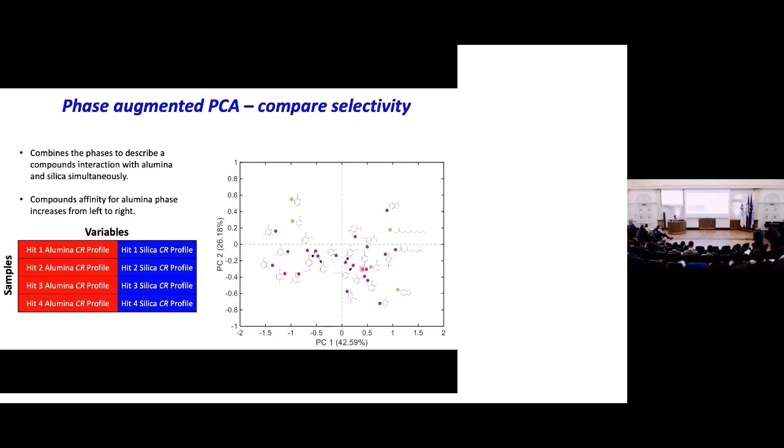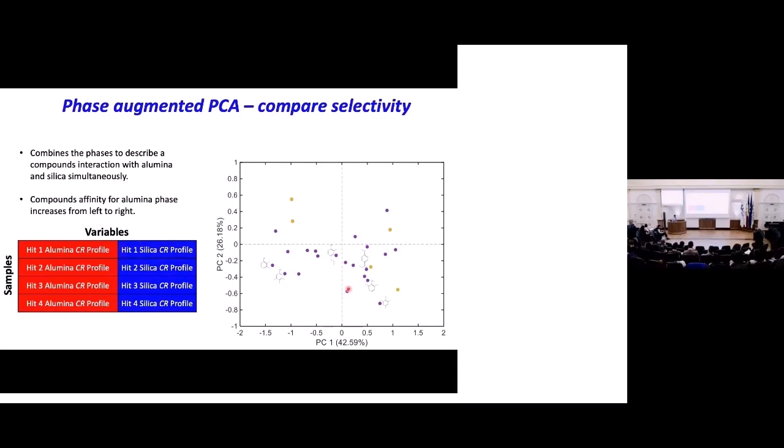But if we go over here to the other side of PC1, we have a 2,6-dimethylphenol, the same amount of alkyl groups, but it gets eluted off the alumina cartridge much quicker. And so that's something very important to look at.